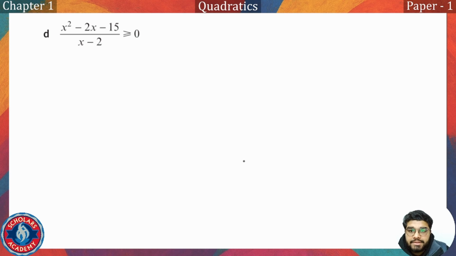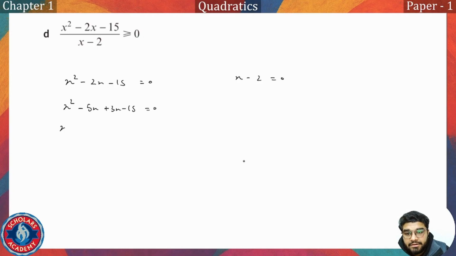All right. So it's already simplified, but if I find the critical points, x² − 2x − 15 = 0 and x − 2 = 0. So from here, the product is 15, the sum is −2, x² − 5x + 3x − 15 = 0.